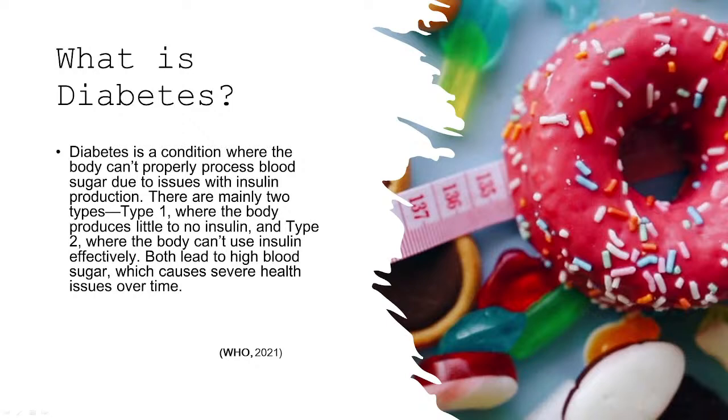So what is it? This is a condition where the body can't properly process blood sugar due to issues with insulin production, right? We all have insulin inside to produce that, so when it does not work, there is a problem. We have the blood build up.